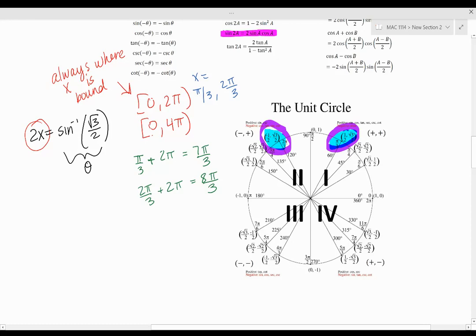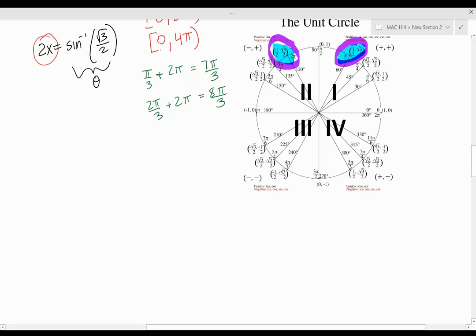All right, so right now we had 2x equals sine inverse of square root of 3 over 2. The right-hand side of our equation produced 4 answers for us: pi over 3, 2 pi over 3, 7 pi over 3, and 8 pi over 3.